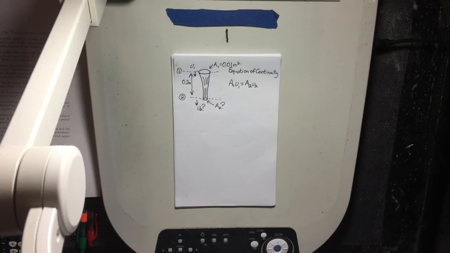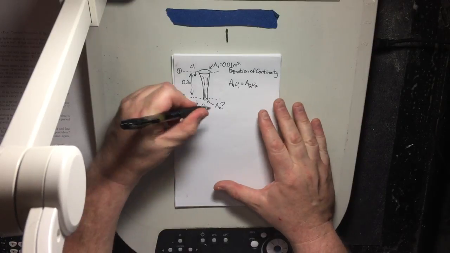For this particular problem, you need to understand that obviously as the water comes out of the faucet and falls down, it's going to increase its velocity. And probably the best way to attack this problem is to use conservation of energy. You could do it with motion, but energy just seems to be the best way.